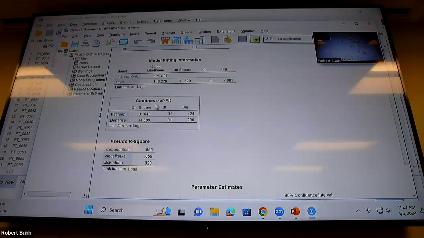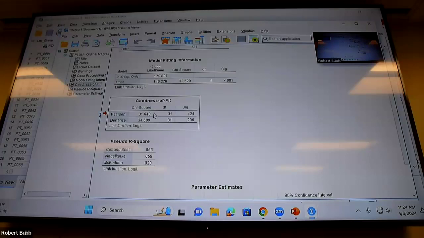All right, so now we have our goodness of fit test down here. What we're looking for is, are the expected values, which are predicted values, matching our observed values? In other words, when we use the regression equation to predict the grade of each of these observations, how well is it doing compared to the actual grade?